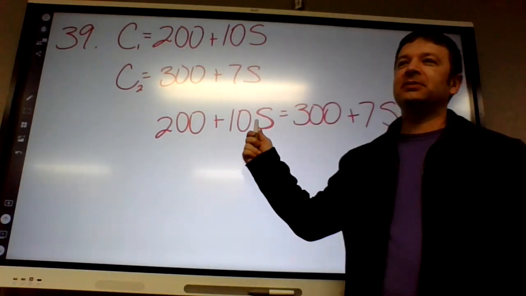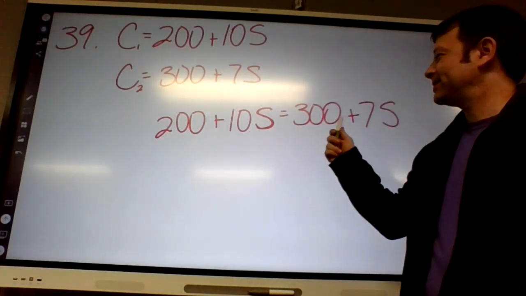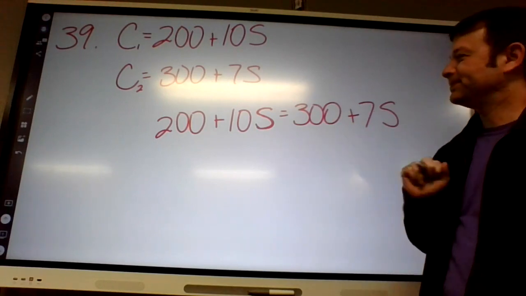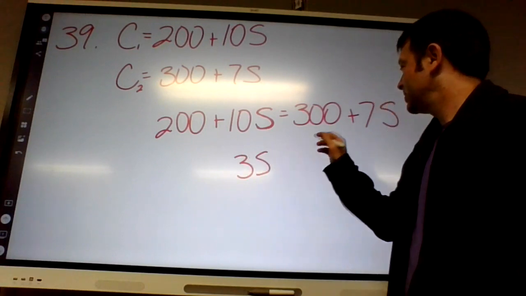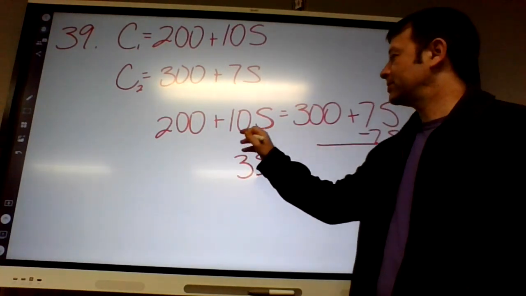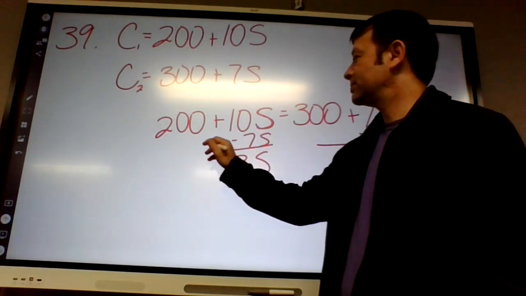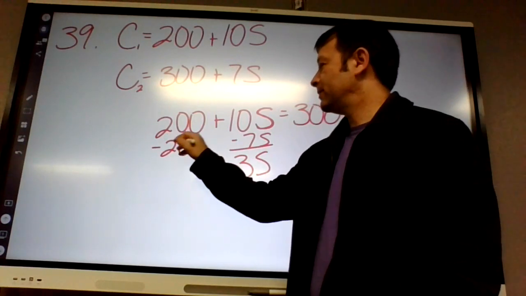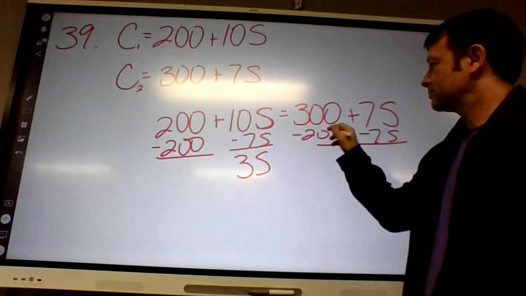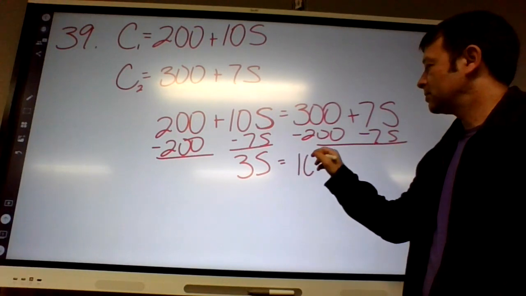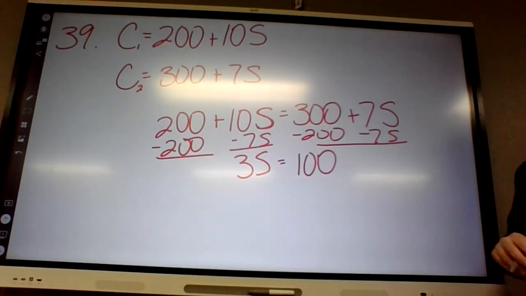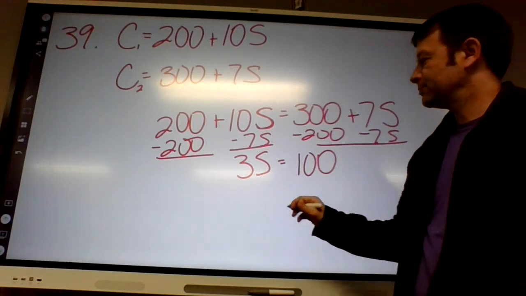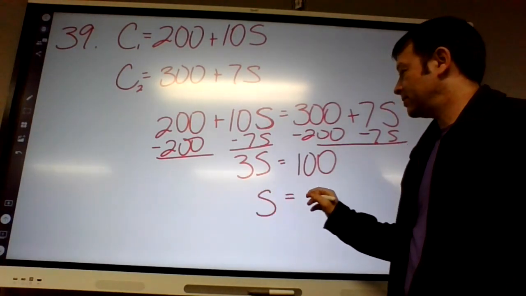So if we subtract 7S, then we get 3S. And let's also subtract 200 at the same time to get rid of it over here. Oh, that's not going to be a fun one. How many times does 3 go into 100? 33 and 1/3.